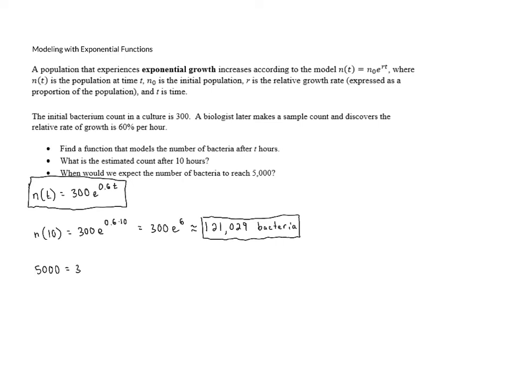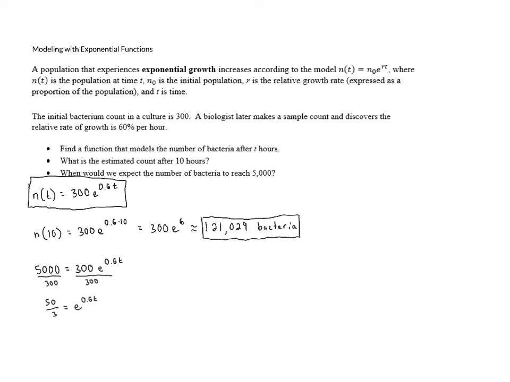So 5,000 equals 300e^(0.6t). We want to get this exponential expression alone, so we divide both sides by 300. When we do that on the left, this reduces to 50/3. So 50/3 equals e^(0.6t).